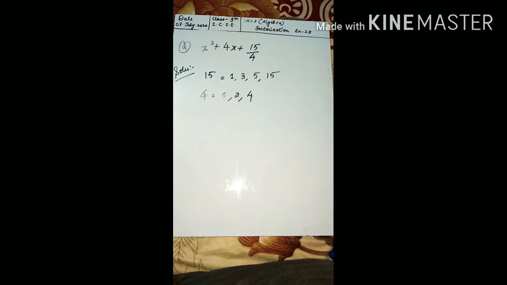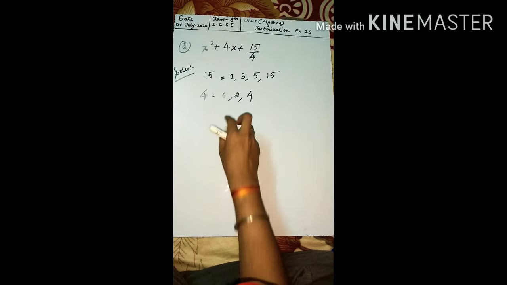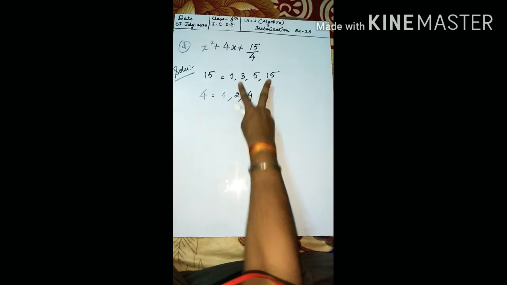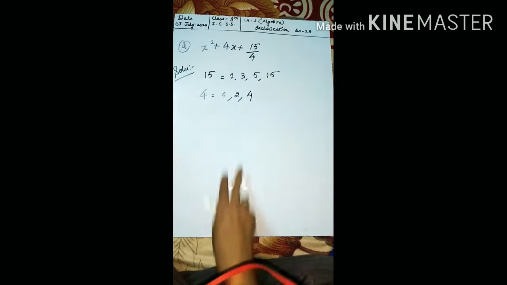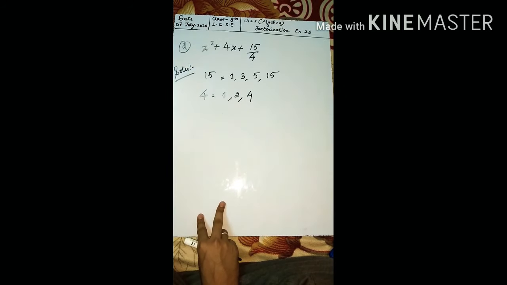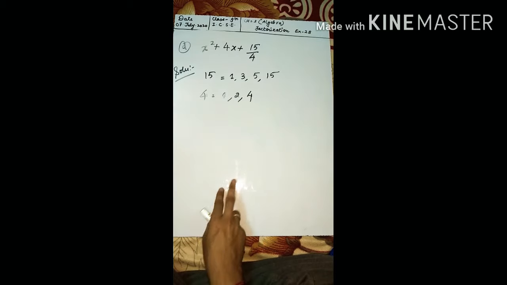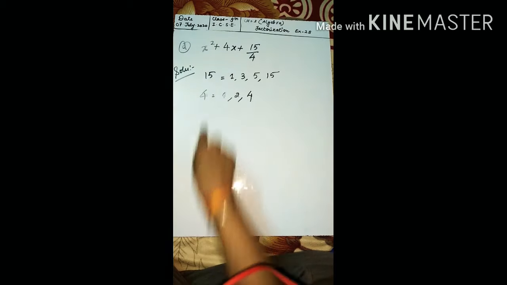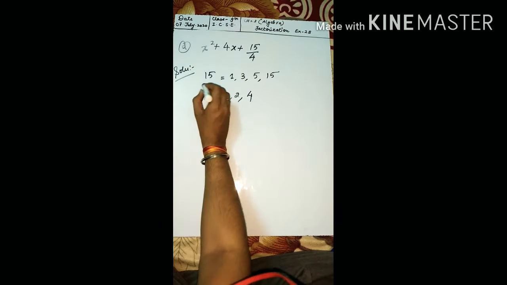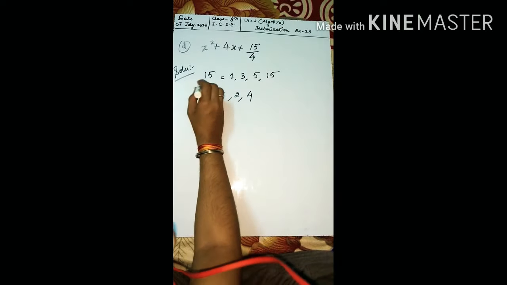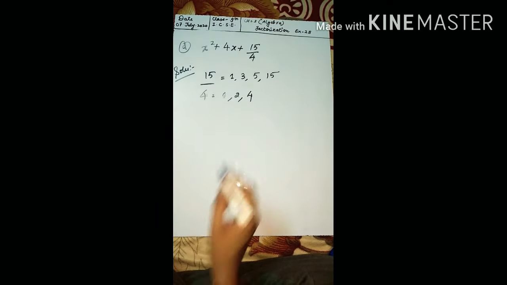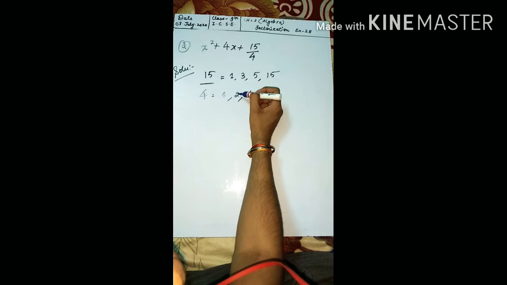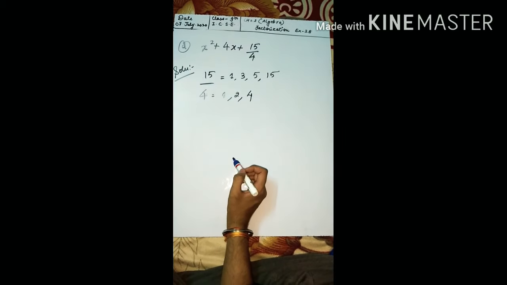So we need to select any two terms from this one and this one, so that when we add those two, we should get 4 as an answer. If they are rational terms, then we need a rational term also to get 4 as an answer.